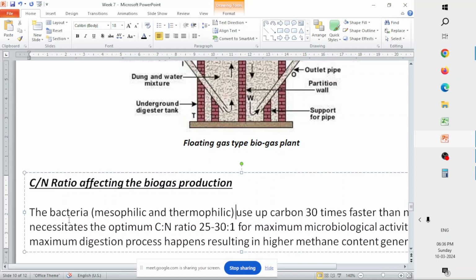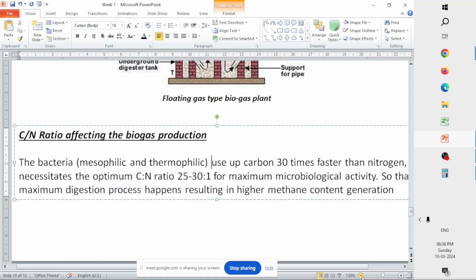One interesting property of these bacteria is that they take up carbon 30 times faster than nitrogen. Since they take up carbon faster than nitrogen, it becomes necessary to optimize the carbon to nitrogen ratio at 25 to 30 parts of carbon for 1 part of nitrogen for maximum microbiological activity.